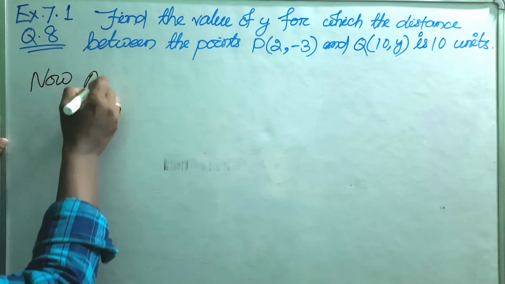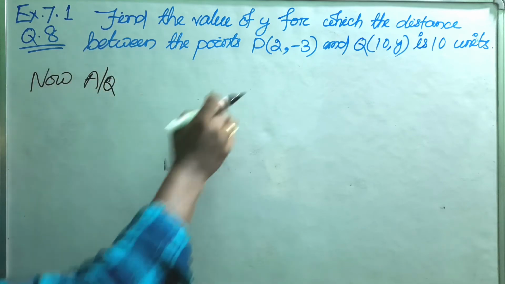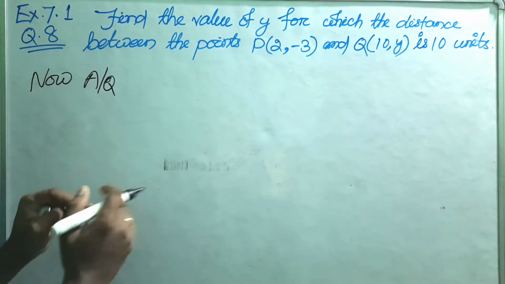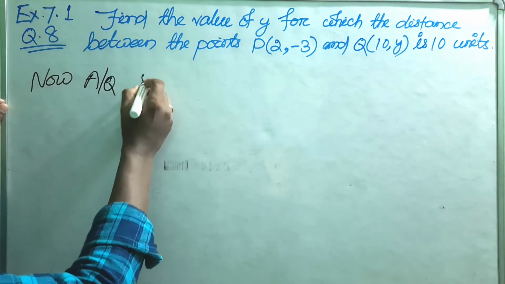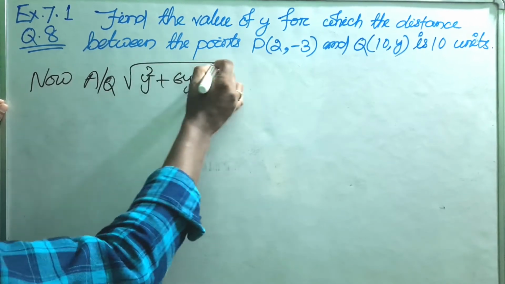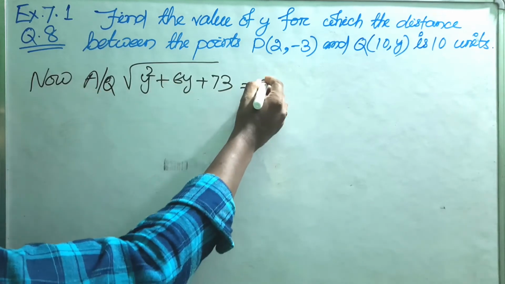Now according to the question, the distance between the 2 points is 10. So what we have got as the distance between the 2 points? That is the square root of y square plus 6y plus 73. Now this distance will be equal to 10.